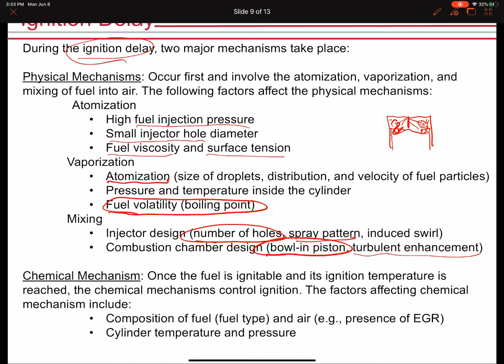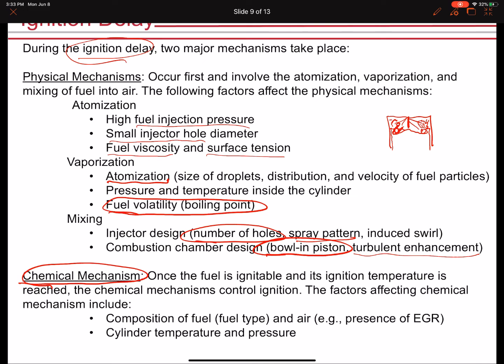Now, the chemical mechanism is, in fact, what combustion scientists would call ignition delay. So this chemical mechanism part that I'm referring to is what scientists would refer to as ignition delay. Once that fuel is ignitable and it reaches the ignition temperature, there's still a period of time where your bonds have to start separating, and you start generating the radicals that eventually lead to runaway, spontaneous ignition.